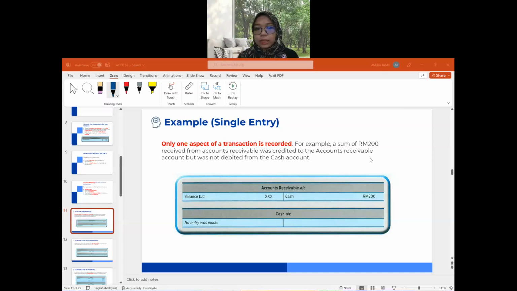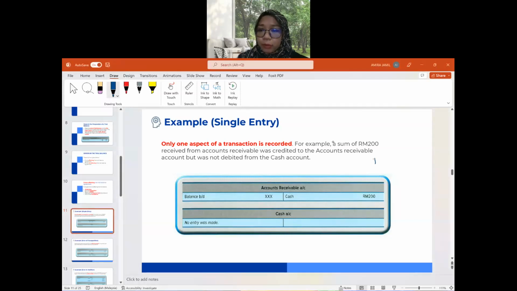For example, when you receive payment from an account receivable, it was credited to account receivable but was not debited to the cash account.